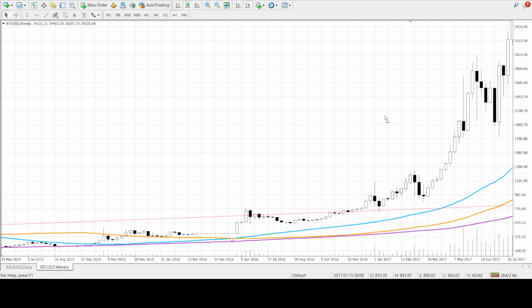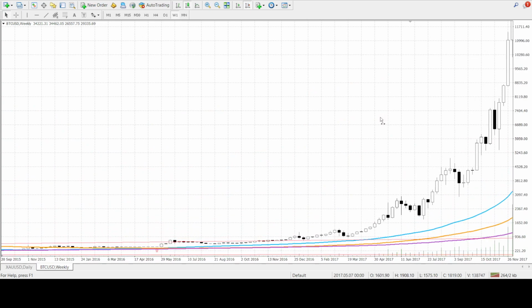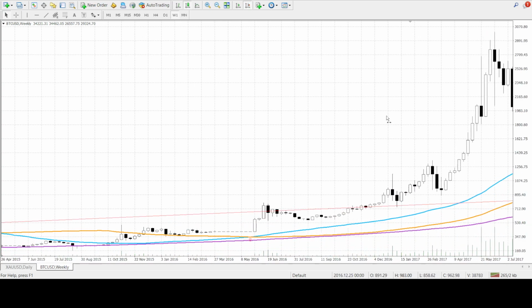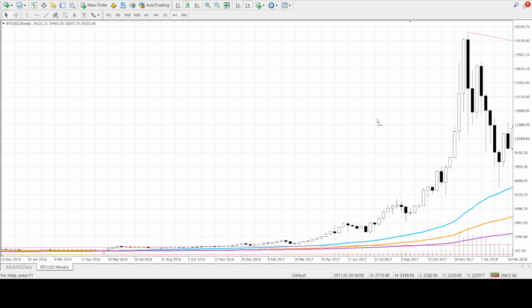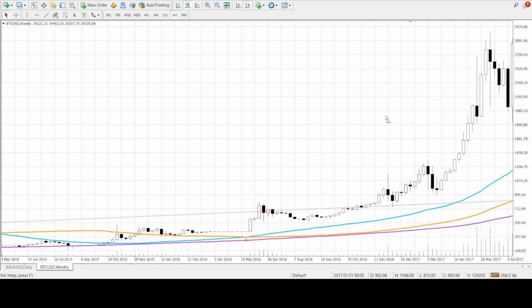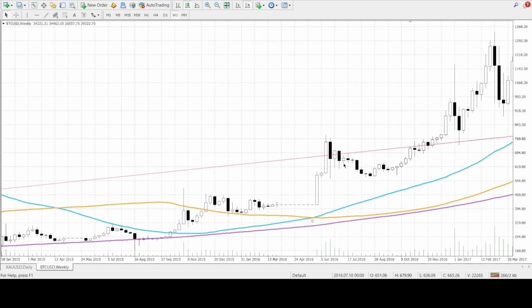And from there, Bitcoin began its next run. The run that we all first got interested in Bitcoin with, right? When it ran all the way up to almost $20,000. It was preceded with that cross on the weekly chart of the MA50 crossing back over the MA100.